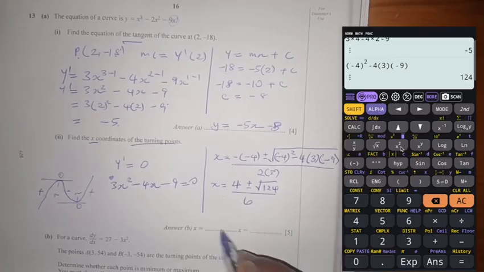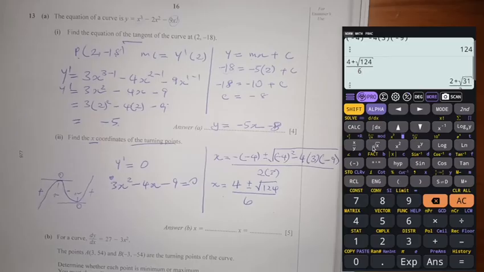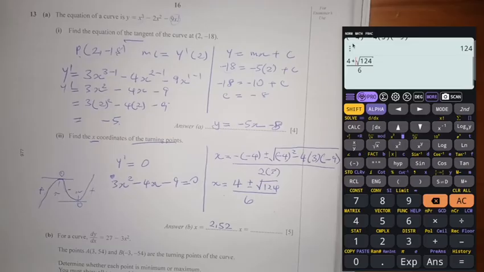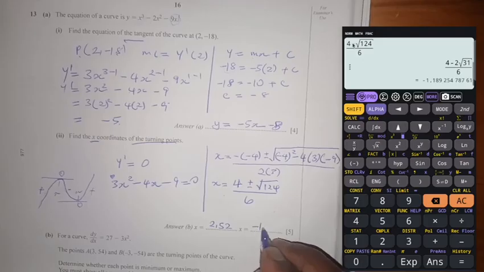So the first one, just use a calculator for everything there. We're having 4 plus the square root of 124, over 6. The first answer there is 2.52. And then the other answer, change this to negative, is negative 1.19, like that.